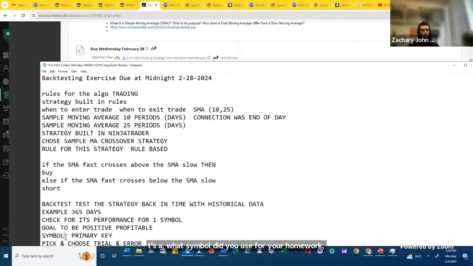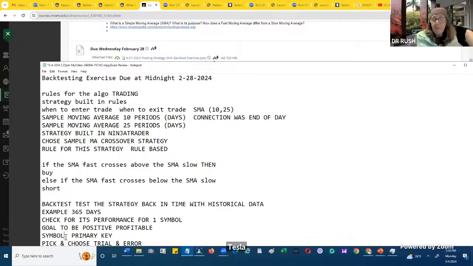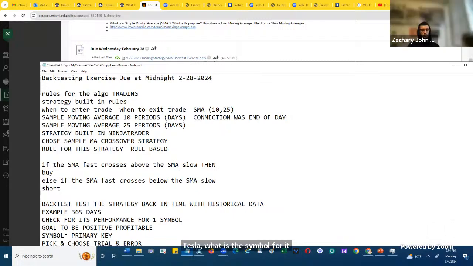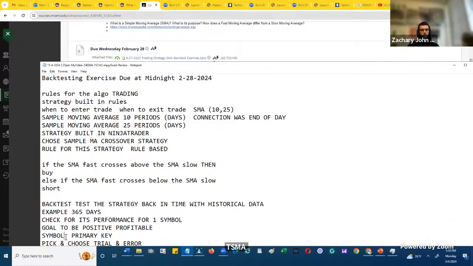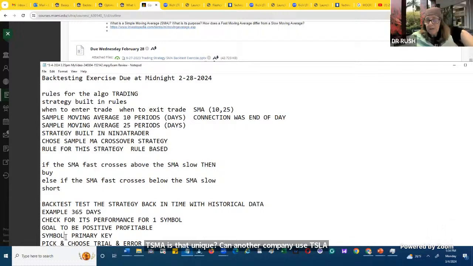Tesla. And what is the symbol for it? TSLA. Is that unique? Can another company use TSLA? No. So now you know what a primary key is. You knew it before, you just weren't associating it, right? You're smart. The primary key is unique in order to find Tesla's information for its record.